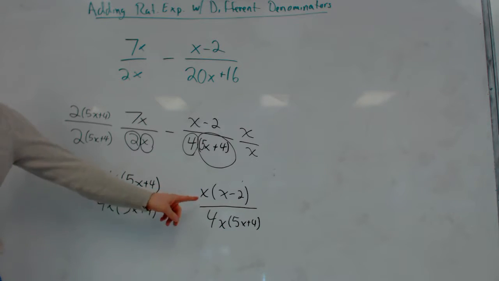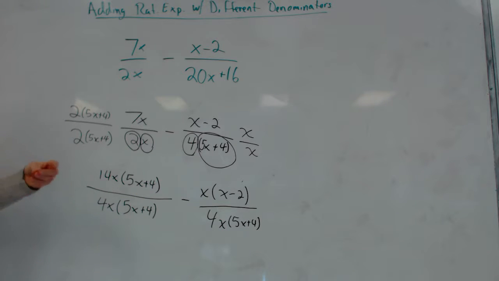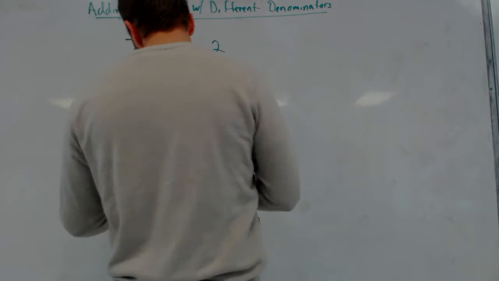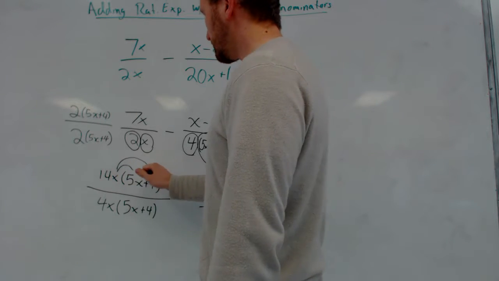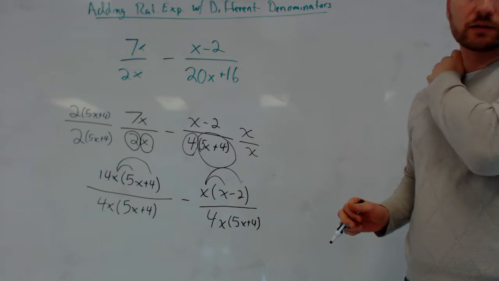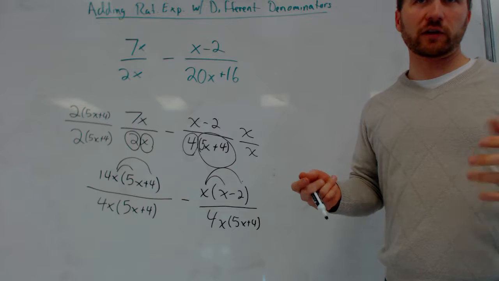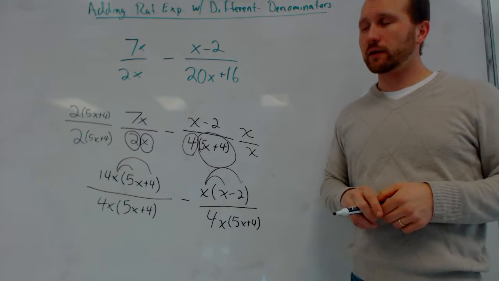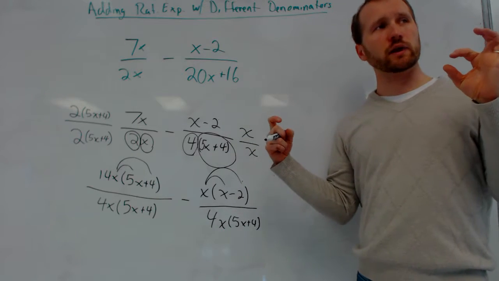Yeah, so now the next step is to expand our numerators. What I'm going to do is use the distributive property. Sometimes you might have to use FOIL to do this, which is really actually the distributive property too, but you have to expand your numerator.